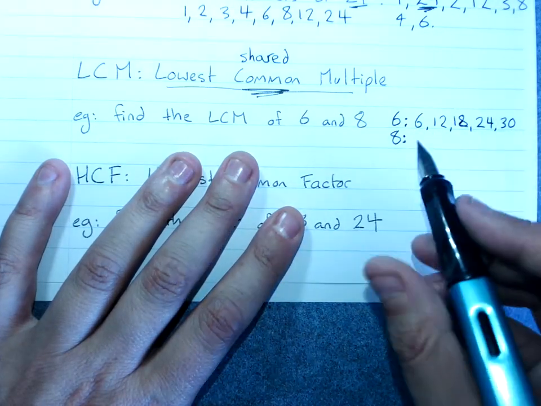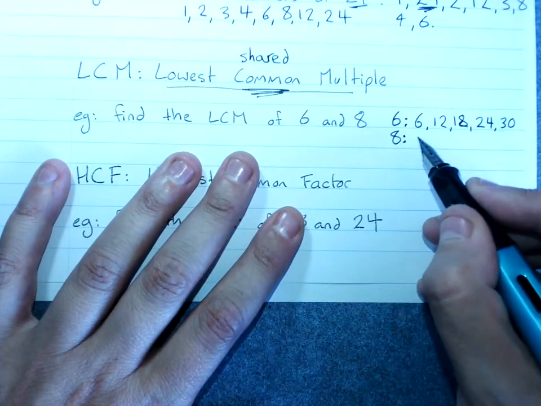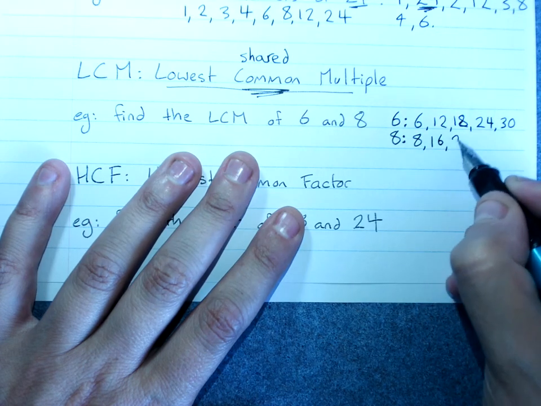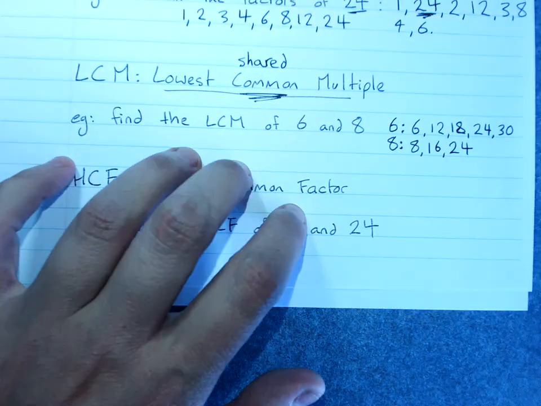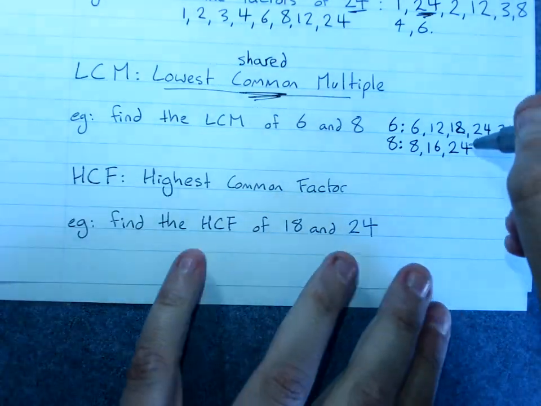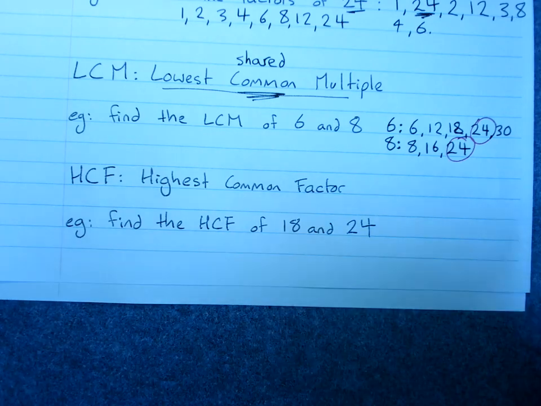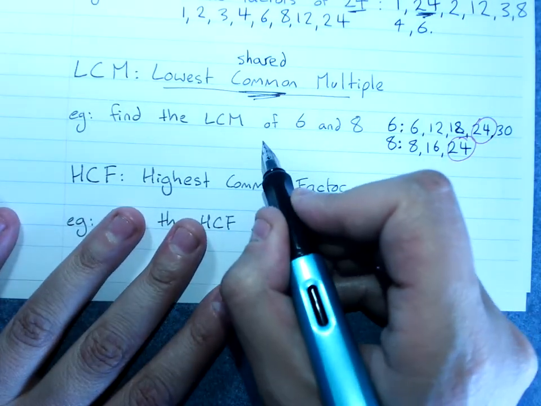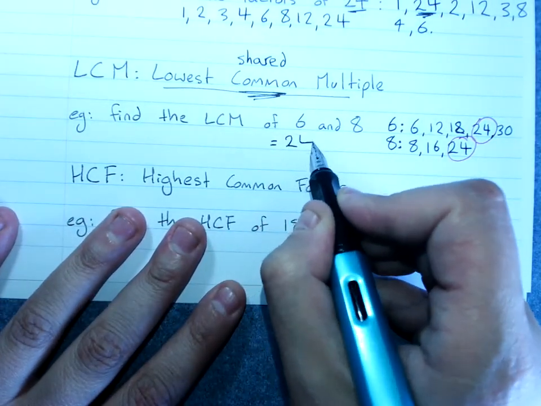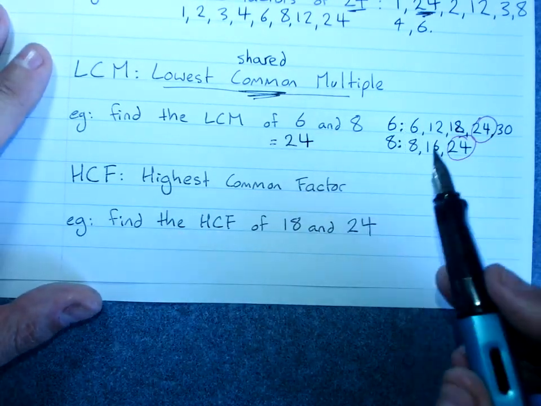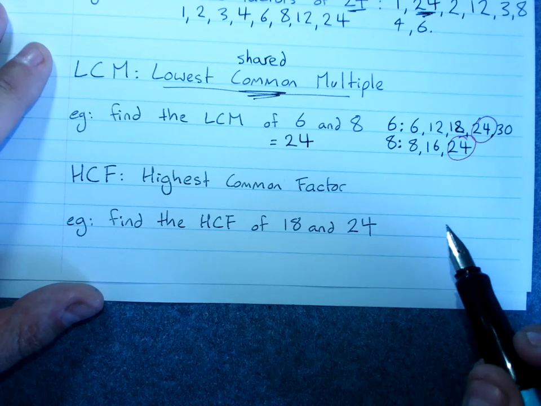Now do a few, and then 8, we've got 8, 16, 24, I don't need to go any further because I've found the lowest number that's on both lists, it's 24. So you learned this in Year 7, we're just reviewing it. So that's the lowest number that's a multiple of 6 and a multiple of 8.